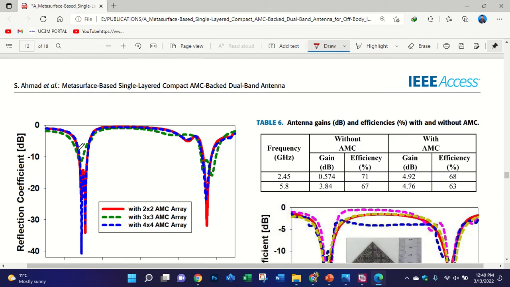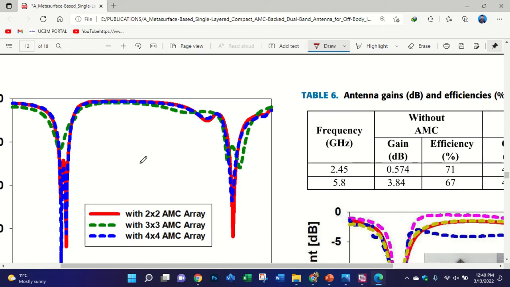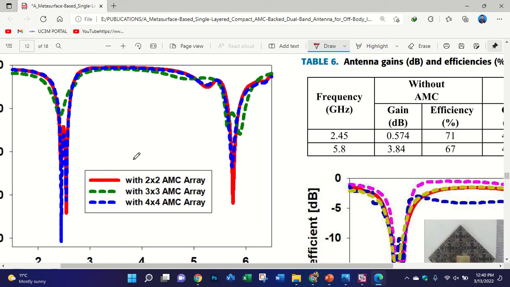Where is the red one? Almost it's the same. Wait a minute, let me see. 4 by 4? Actually here I made a mistake.